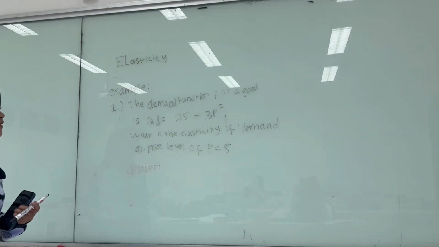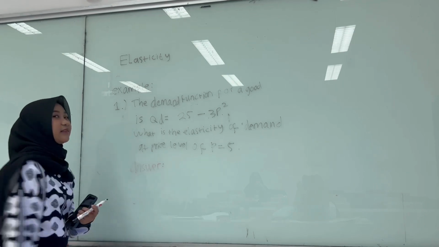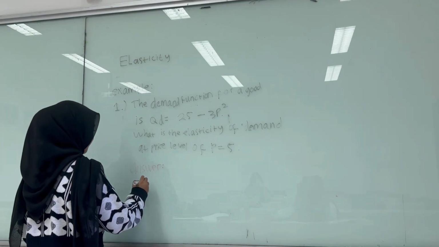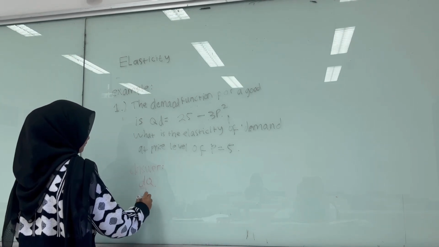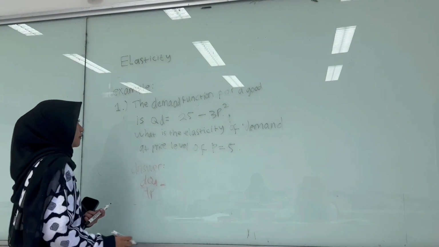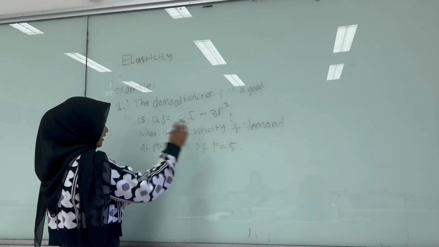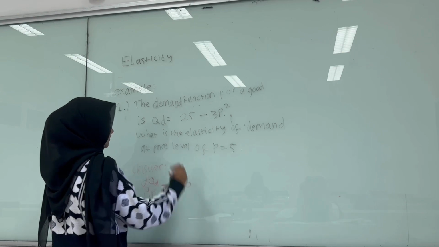First, we should find the first derivative of QD. The first derivative of QD is minus 6p.